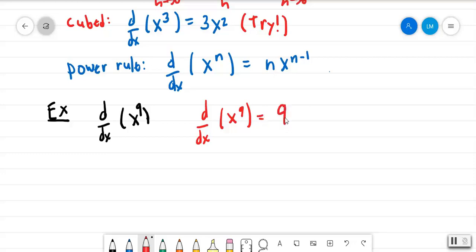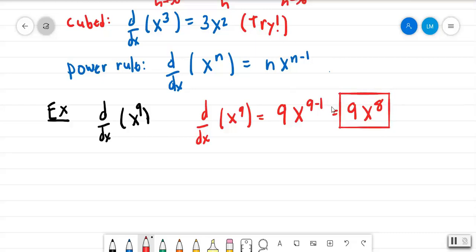So we have 9 times x to the 9 minus 1, which is just 9x to the 8. And then that's it.